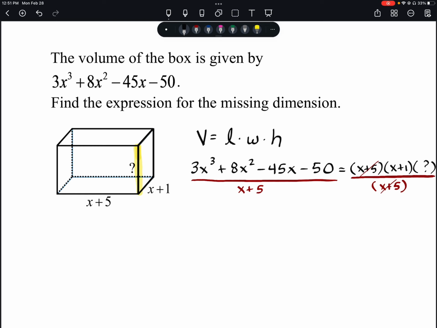So our root, if we're dividing by x plus 5, the root would be negative 5. And then our coefficients 3, 8, negative 45, and negative 50. So go ahead and go through that process. If you want to pause the video or turn me off, that's fine. Work through it and see if you get it correct.